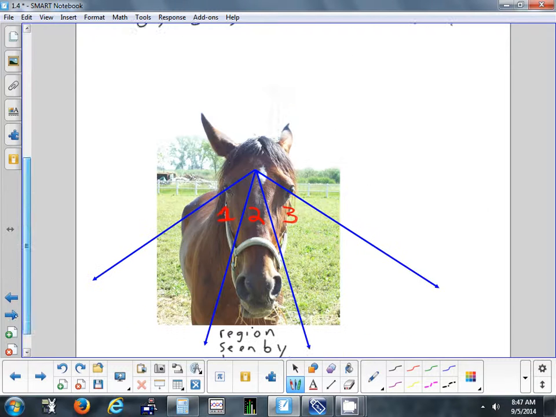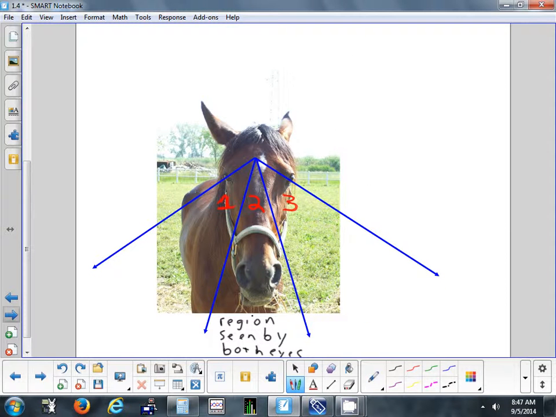Okay, so here's a picture. There's our horse. I know he's not a Cyclops. He doesn't have an eye in the middle of his head, but just pretend. The eyes are close enough together that you basically can pretend they're right in the middle. So 1 and 2 is basically what can be seen out of one eye. 2 and 3 is the field of vision that can be seen out of the other eye.